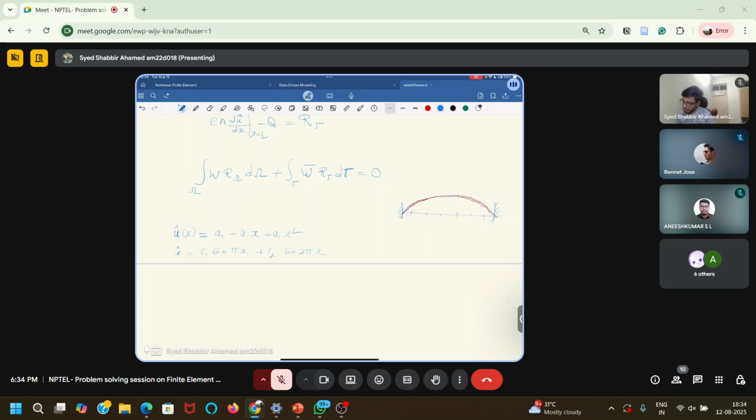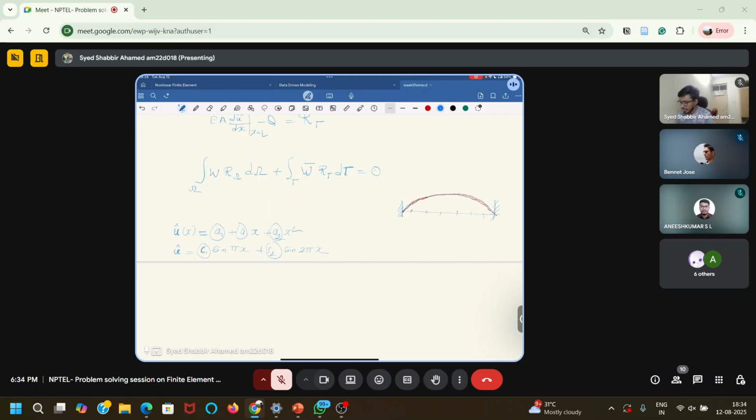You substitute it in the governing differential equation and then do this weighted residual minimization. You will get the values of a naught, a1, a2 or c1, c2, whatever constants are in your approximate function.